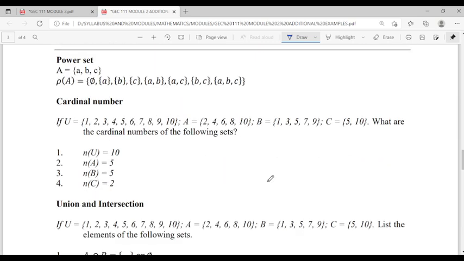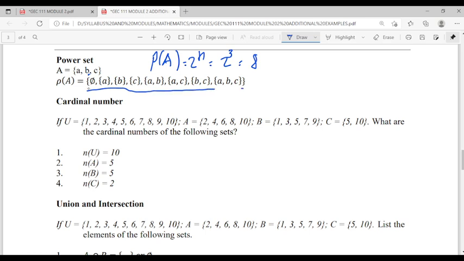Power set. So, yung power set na example natin kanina, we have A. So, there is our formula 2 raised to n, which is the number of elements. How many elements? 1, 2, 3. So 2 raised to 3, we have 8. So, there are 8 elements.